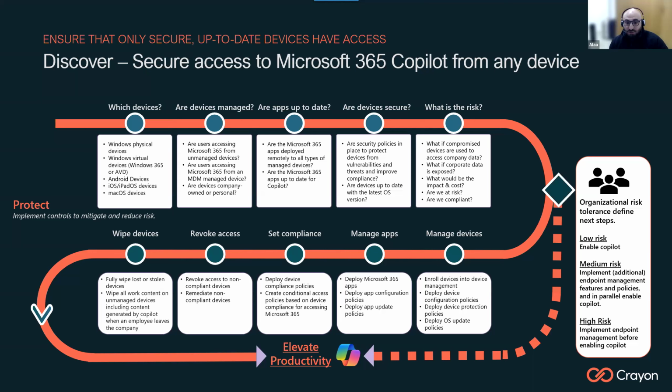Also, you can implement device protection policy, implementing antivirus software, firewall settings, intrusion detection system, and finally enforce the operating system update policies to keep the devices running the latest operating system versions and protect against vulnerability.